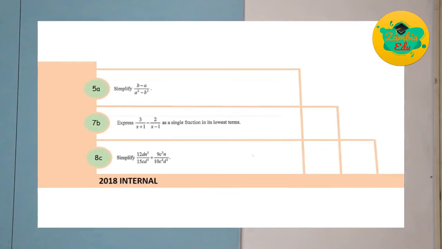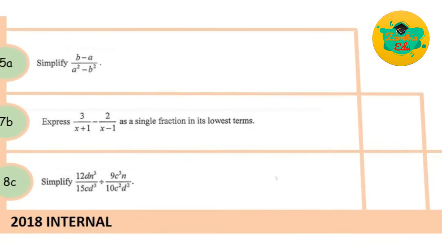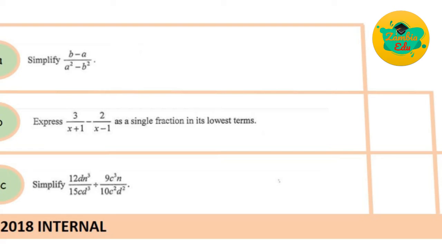The last question in the 2018 internal paper was question 8c, which said simplify 12dn cubic over 15cd cubic divided by 9c cubic n over 10c squared d squared.